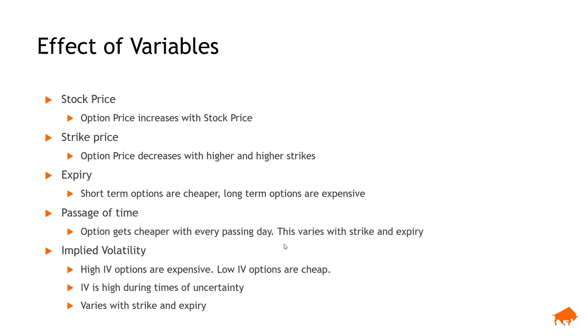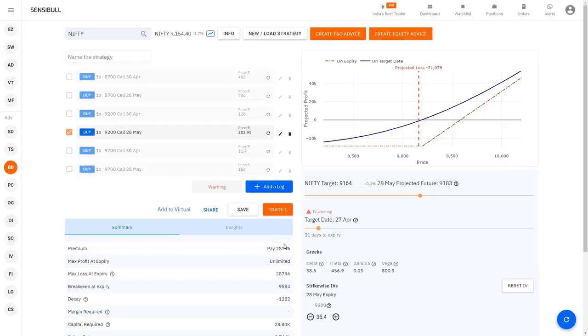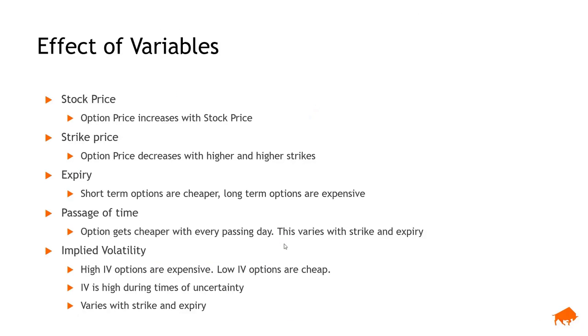I would highly encourage you to play around with a tool like this, because it helps you experiment with which option should be your choice of playing out your move. Because if you're not very clear on which option affects you how in terms of underlying move, IV move, time value decay, etc., you might end up choosing the wrong option for the wrong move, and that is going to be very detrimental.